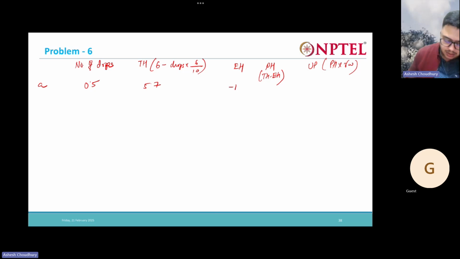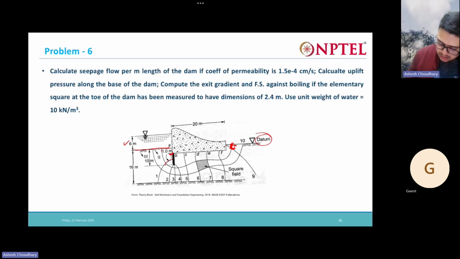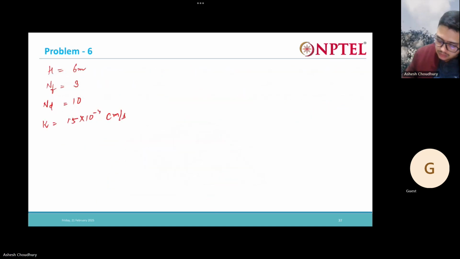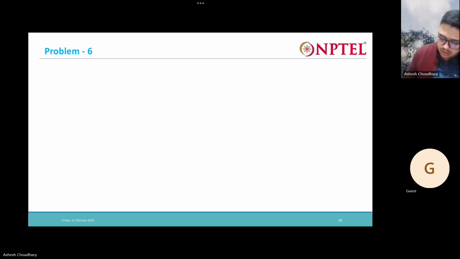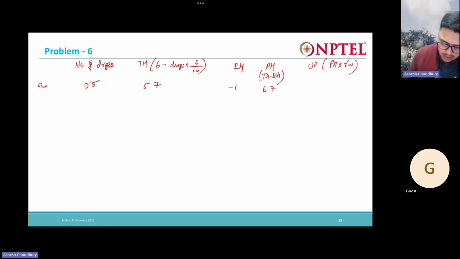Elevation head is minus 1, because it's given as 1 meter below the datum. Pressure head is 5.7 minus (minus 1), 6.7. Uplift pressure is 67, considering gamma w as given.